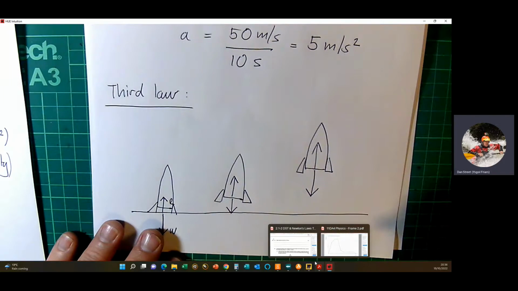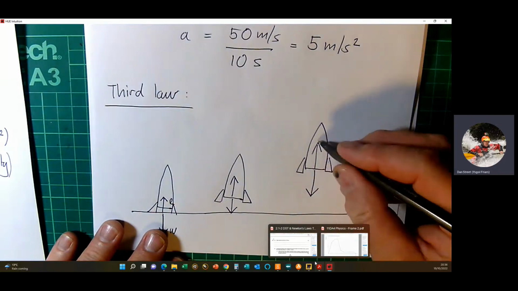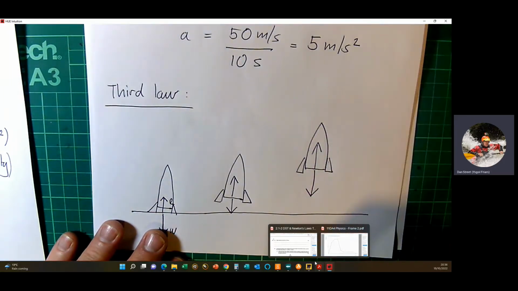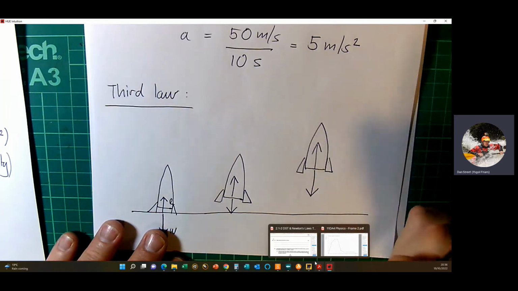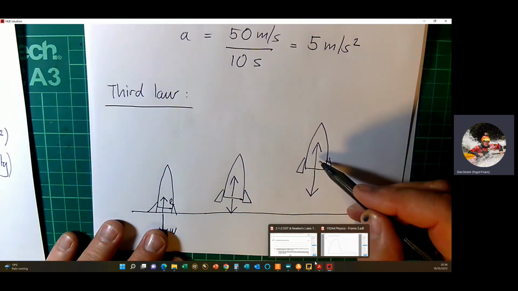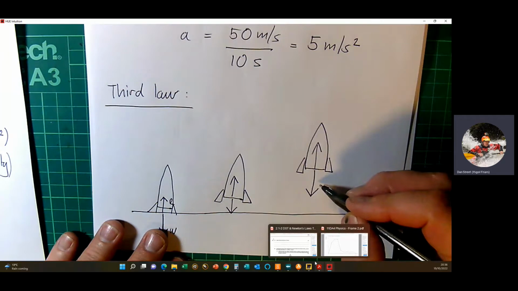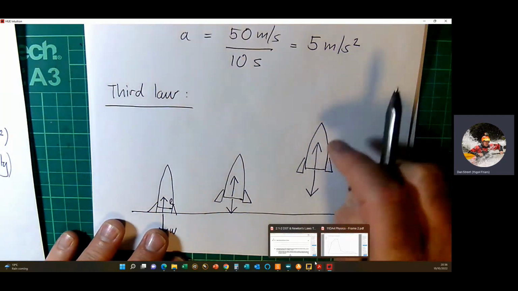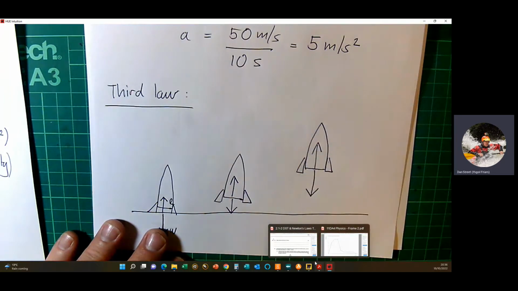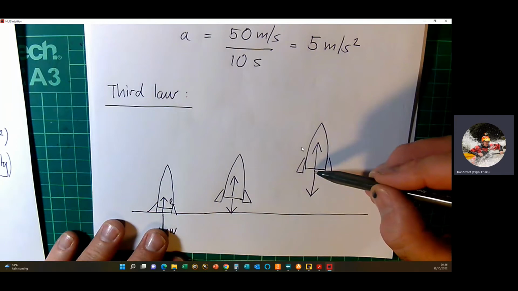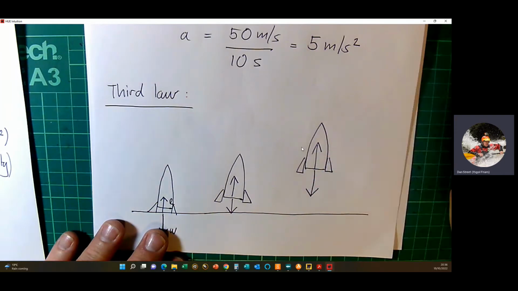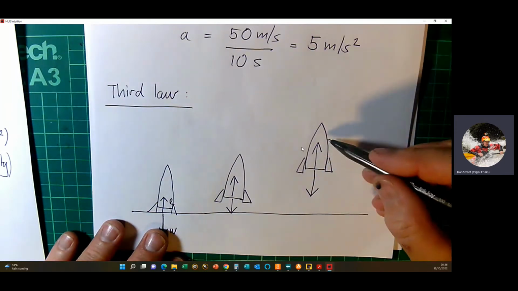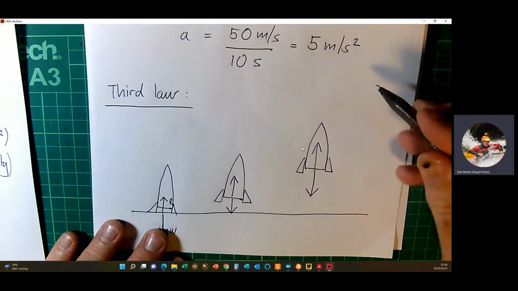We will get to a point, as we've discussed previously, where these two forces are the same, and at this point the rocket will be travelling at constant speed, because the thrust due to the gases being pushed out backwards and pushing the rocket upwards, which is adhering to Newton's third law, is being balanced by the air resistance. Obviously, with this being a rocket, eventually it will leave the atmosphere.